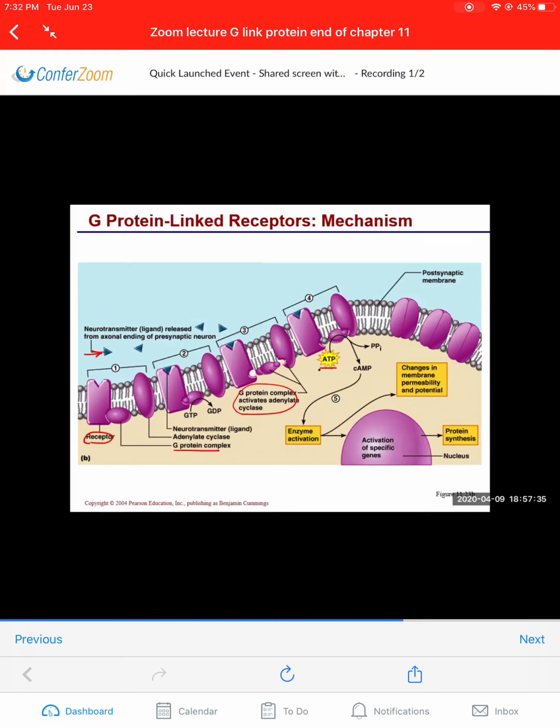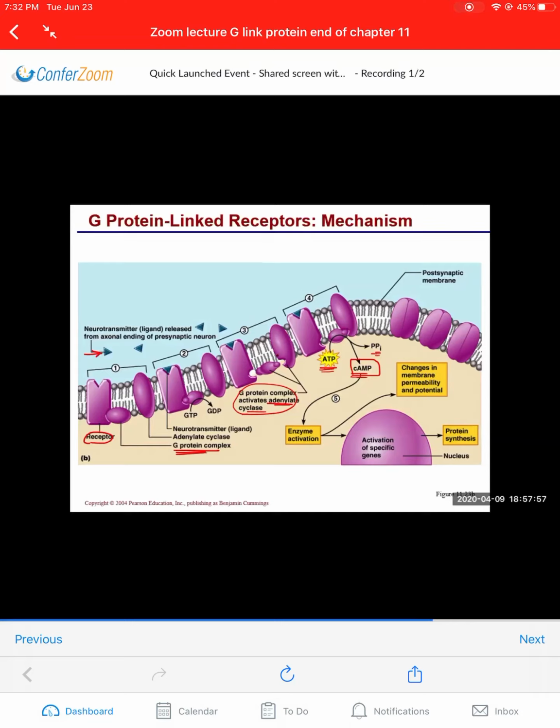Adenylate cyclase hydrolyzes ATP to cyclic AMP, two of the phosphate bonds break, and now this is called the second messenger. This is as far as we got. All these molecules, one triggering another, G protein triggering another, it's kind of like dominoes falling.